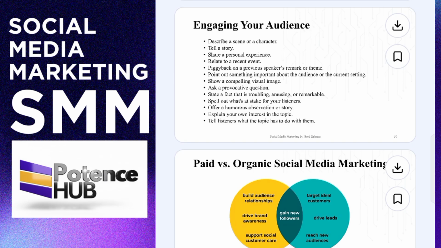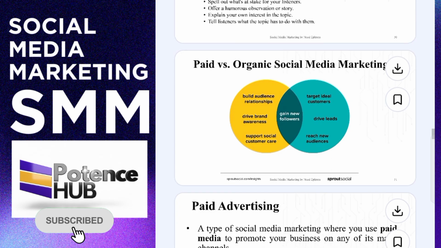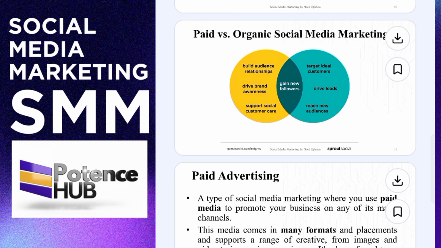You get people into that trend. You get people talking about it. These are ways in which you engage your audience. Spell out what's at stake for your listeners. Are we together? Offer a humorous observation or story. You have to look for a way to engage your audience. If not, that particular platform you're working on might not really do well, or your content might not really do well for you.